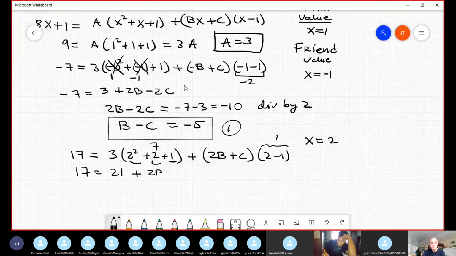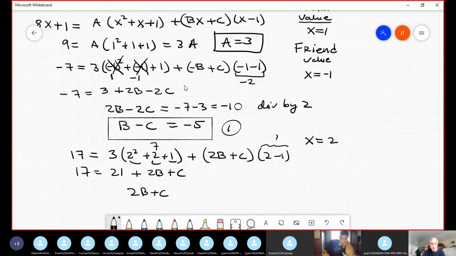Entonces 2b plus c. The equation is 2b plus c is equal to 17 minus 21, que es -4.